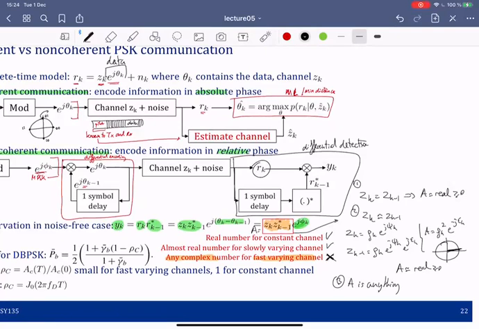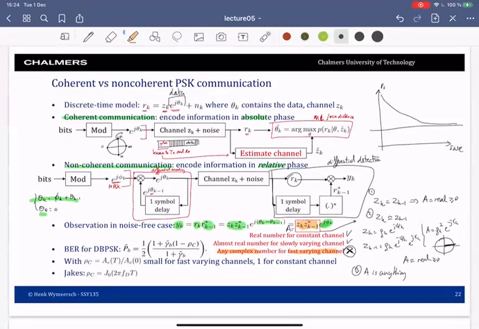So this means that even in the absence of noise, there will be an error floor when the channel is changing very quickly. So in other words, as a function of signal to noise ratio, when we compute the average error probability, there will be an error floor, so that no matter how high the SNR, you cannot beat it just because you will be limited by this effect at some point. And it turns out that you can analyze this exactly.